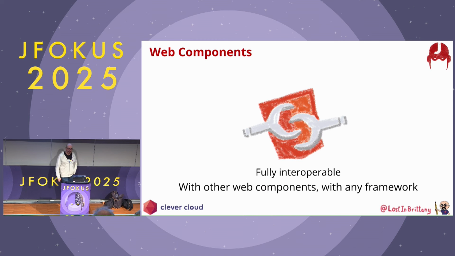That means that you can have several web components in your page, created in different ways using different helper libraries or no libraries. You can have a framework, you can have static pages, and everything is going to work together because the web components, when you instantiate them from the framework, from the static page, from the other web components, are like any other HTML tag.